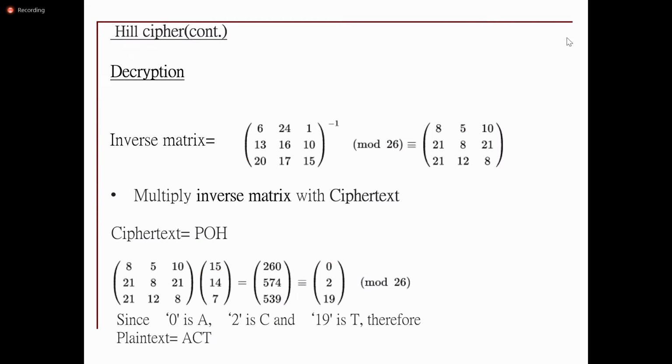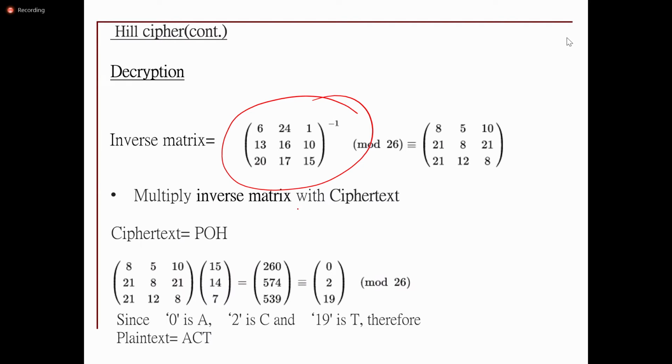Once we get the ciphertext at the receiver side, Bob has to decrypt it. In order to decrypt, first we have to find the inverse matrix of the key matrix. The key matrix we just considered for encryption, we need to find the inverse of that matrix.